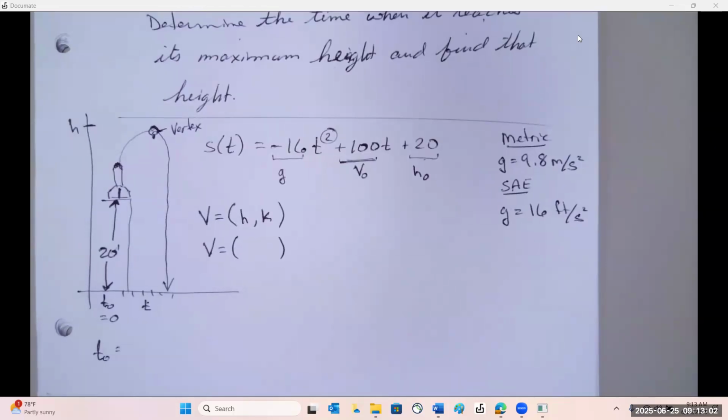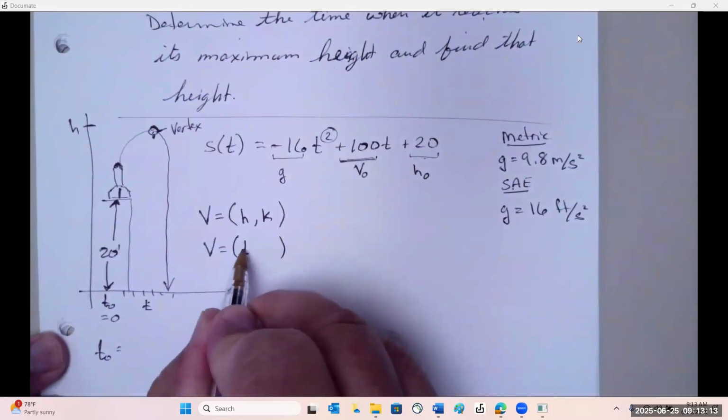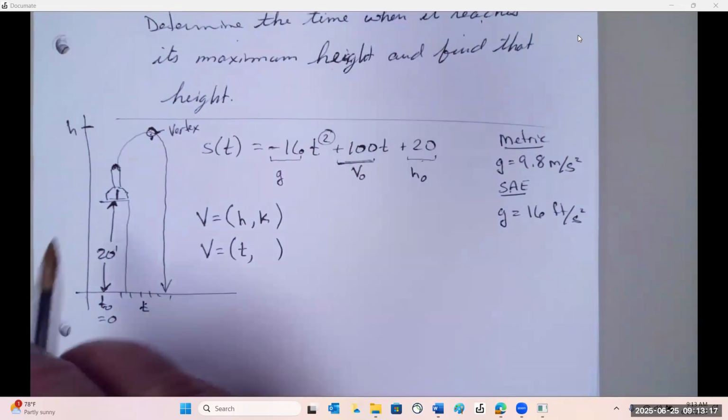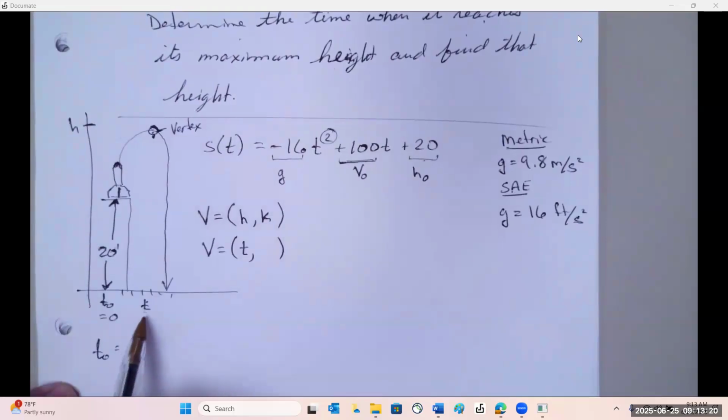What can we not change? What can never go backwards? Time. So whenever you deal with things that move, the x variable is always time. So the time value is here.